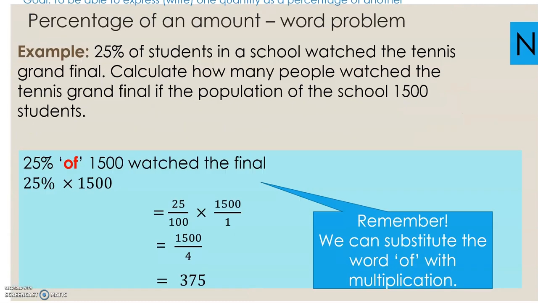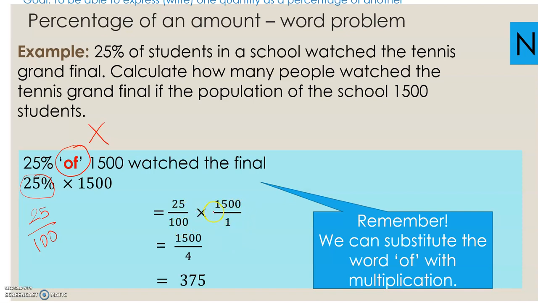All right, now a worded problem. 25% of students in a school watched the tennis grand final. Calculate how many people watched the tennis grand final if the population of the school is 1,500 students. So 25% off 1,500. One other thing that we've mentioned previously is when you see the word off in maths, it's always timesing. Percentage is always out of 100. So therefore, I do 25 over 100 times 1,500.